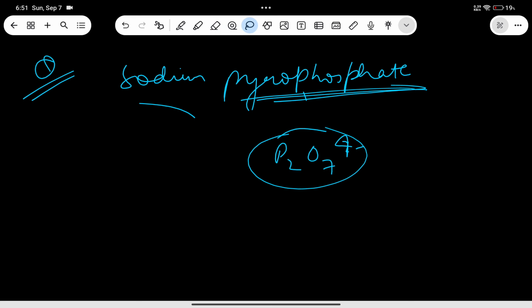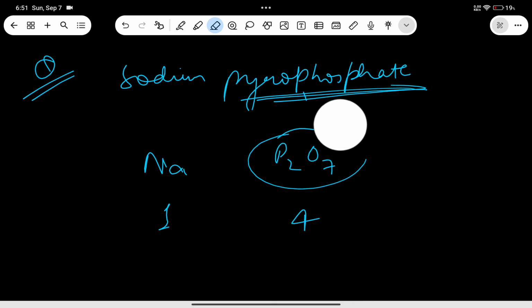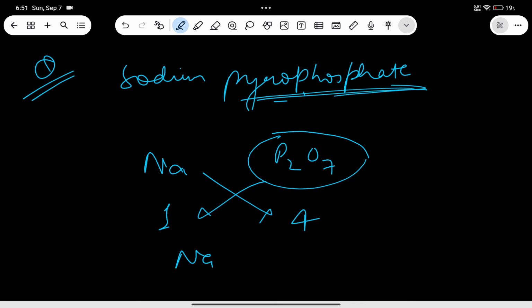Now we have Na plus, so Na means sodium. The valency of this is 1 and the valency of this is 4. Now crisscross: Na4P2O7. This is correct.